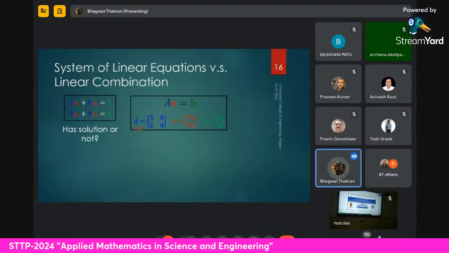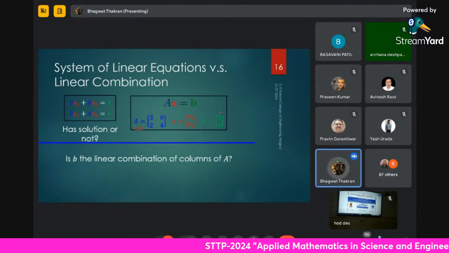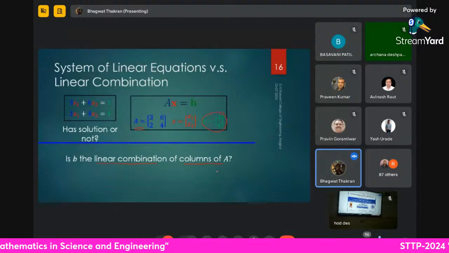But I say there is no need of that for this system of equations. We just need to check whether this matrix B can be written as a linear combination of the columns of this matrix A.